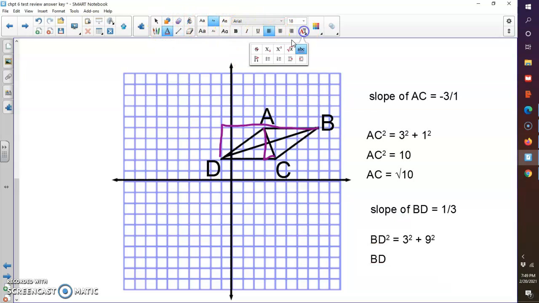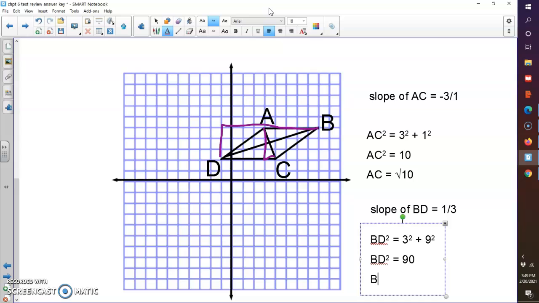So therefore BD squared is going to be equal to 90, and therefore BD equals root 90.